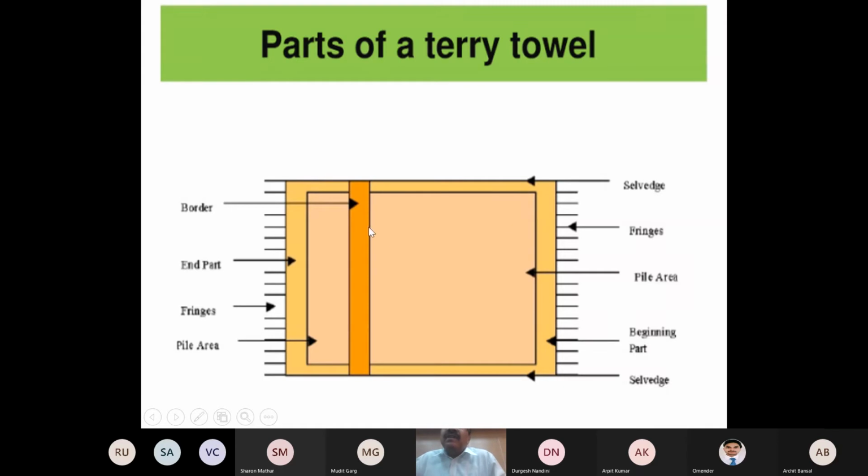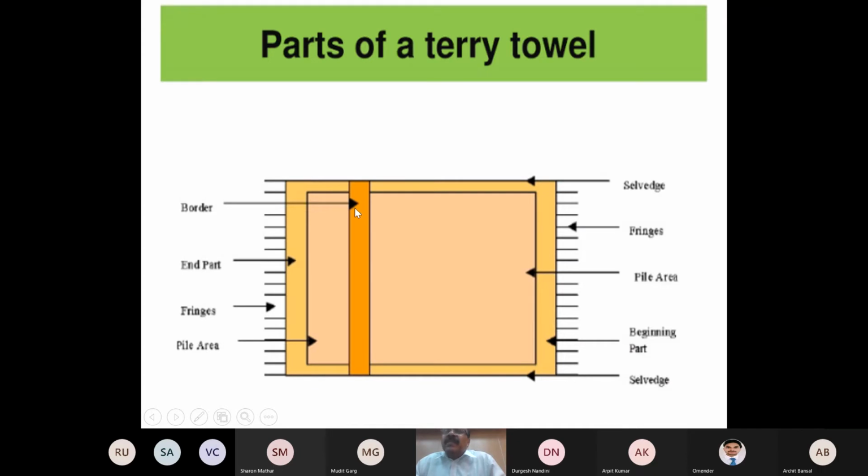At one end of the towel, we have a border. Normally, this border is different from this portion: it does not have any loops. While this border is formed in a towel, the pile thread, meaning the loose pick mechanism, does not work.